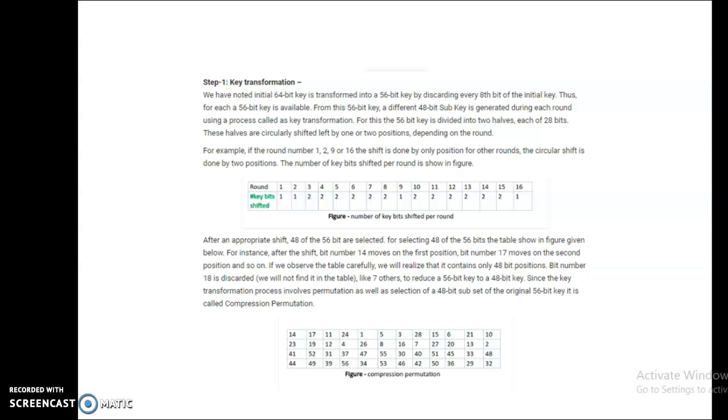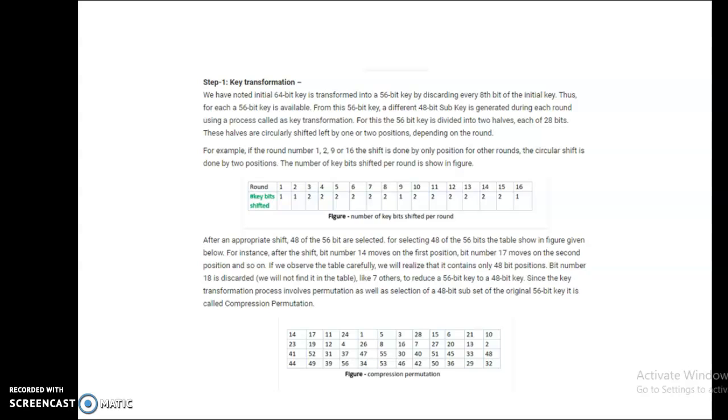These halves are circularly shifted left by 1 or 2 positions depending on the round. For example, in round number 1, 2, 9 or 16, the shift is done by only one position. For other rounds, the circular shift is done by 2 positions. The number of key bits shifted per round is shown in the figure.